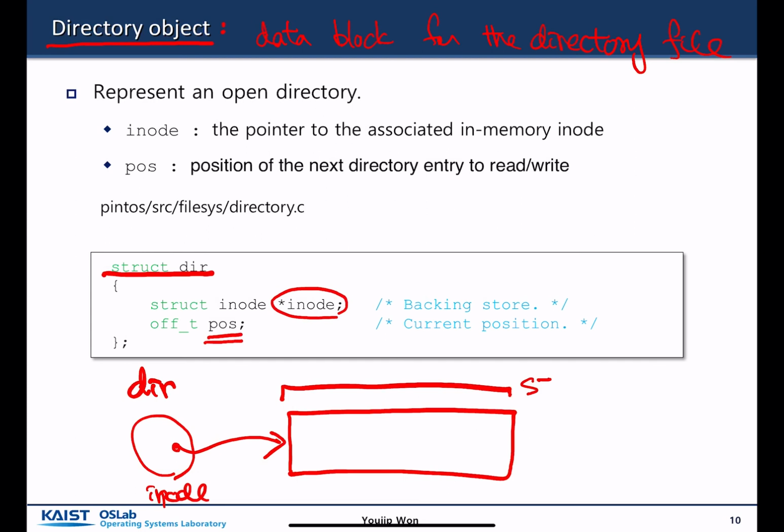The position defines the next directory entry to read or write. So it represents an open directory. There are two fields: inode, the pointer to the associated in-memory inode, and pos, the position of the next directory entry to read and write. That is the directory object.